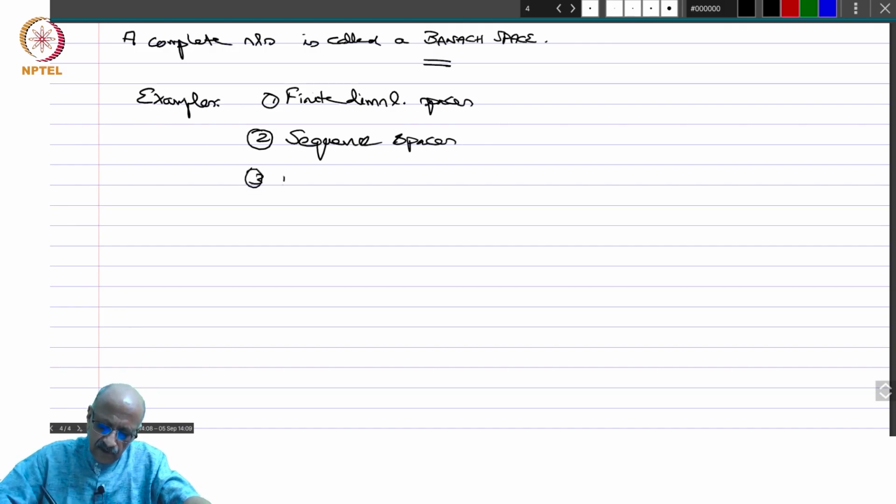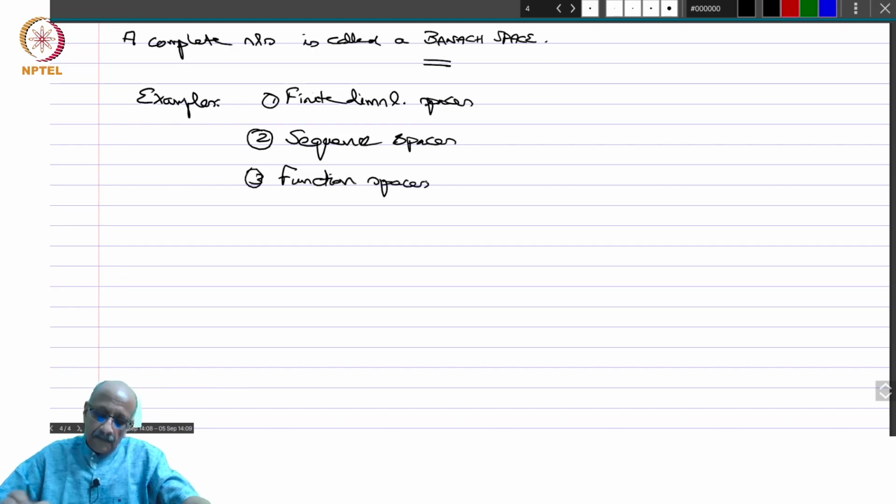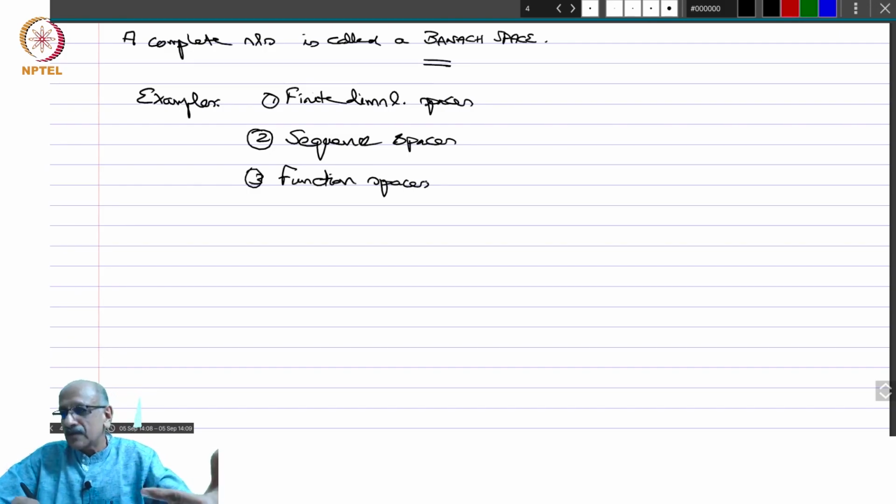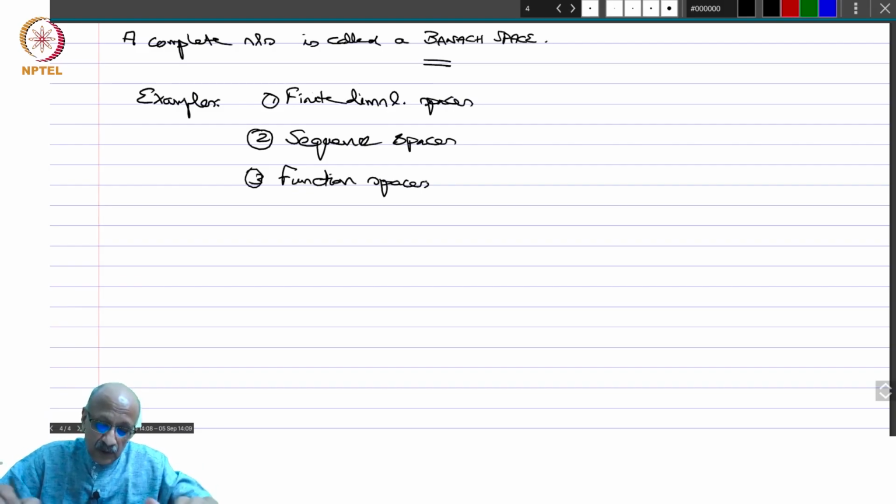And third being function spaces. Therefore, this is a very rich class, and we will see several examples of function spaces during the course. And to start with, this is a good way of classifying the vector spaces and looking at the various examples. So let us start with finite dimensional spaces.